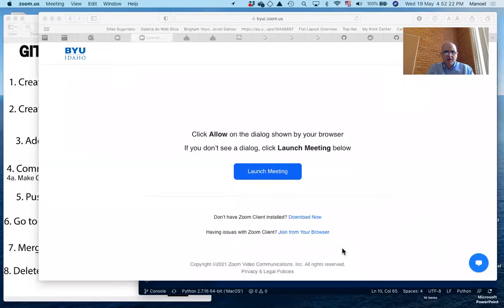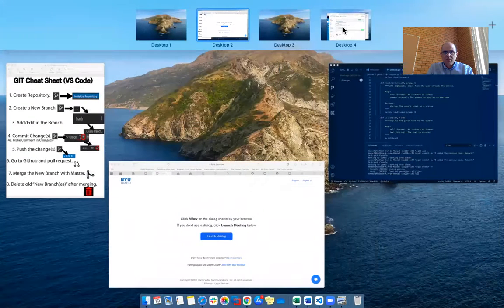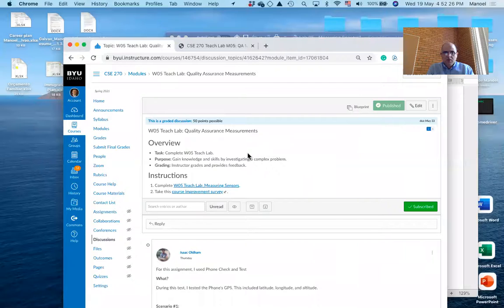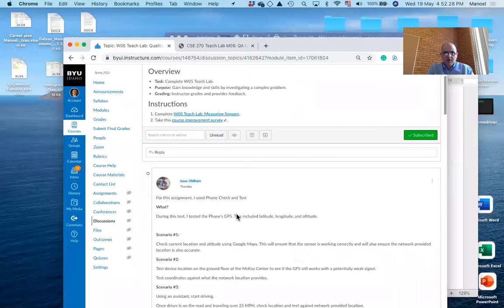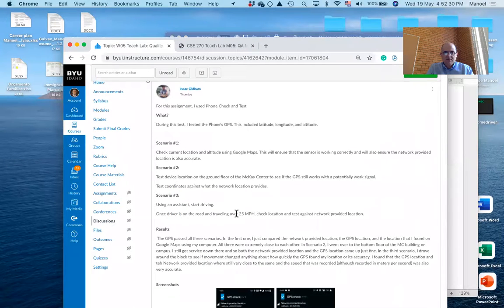Let me share my screen. Let me go over a couple of examples. The first example I would like to share is this one, Isaac. Isaac did a really good job. You can see on the discussion board, he decided to test the GPS, and we have three scenarios.